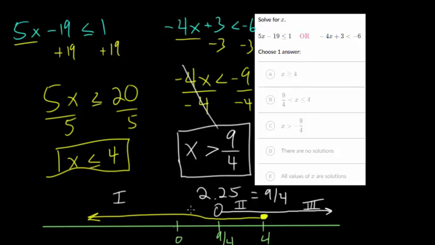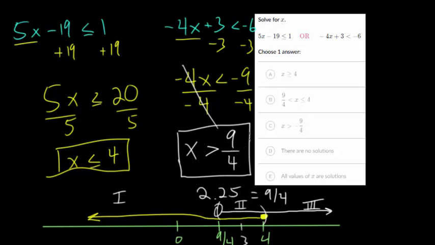So values over here, like 0, minus 10, minus a million, whatever we want to use, they all satisfy this one, less than or equal to 4. So all values in region 1 satisfy at least one of them, this inequality here, and so therefore they are part of the solution.